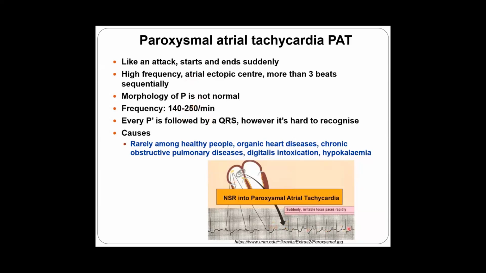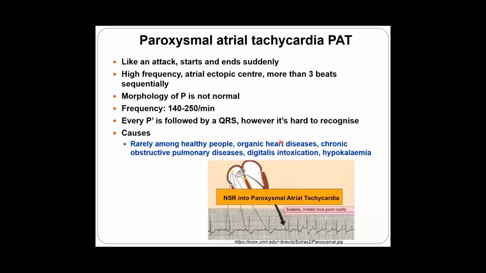And the QRS is identical with the previous QRS, a narrow one, meaning that every ventricular activation is taking place through the AV junction. And this is very common in the elderly or in organic heart diseases, or intoxication or hypokalemia.